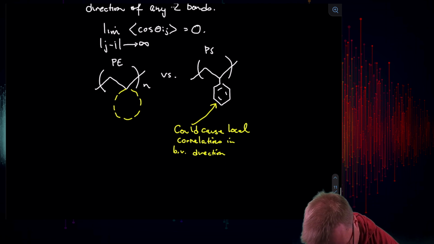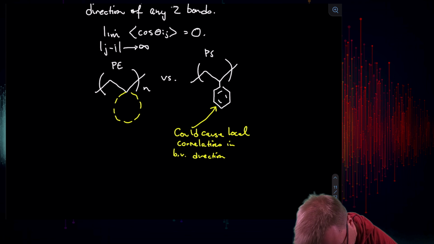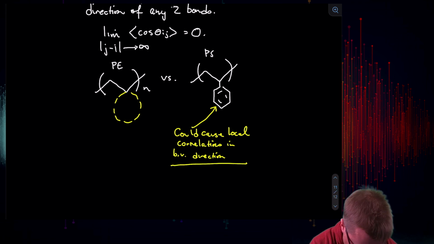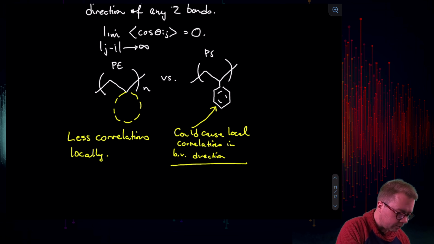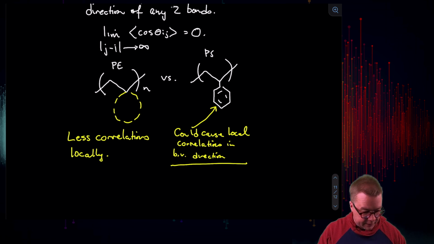So you would expect more local correlations for polystyrene than for polyethylene. And so this is going to impact our model for the polymer chains just a little bit.